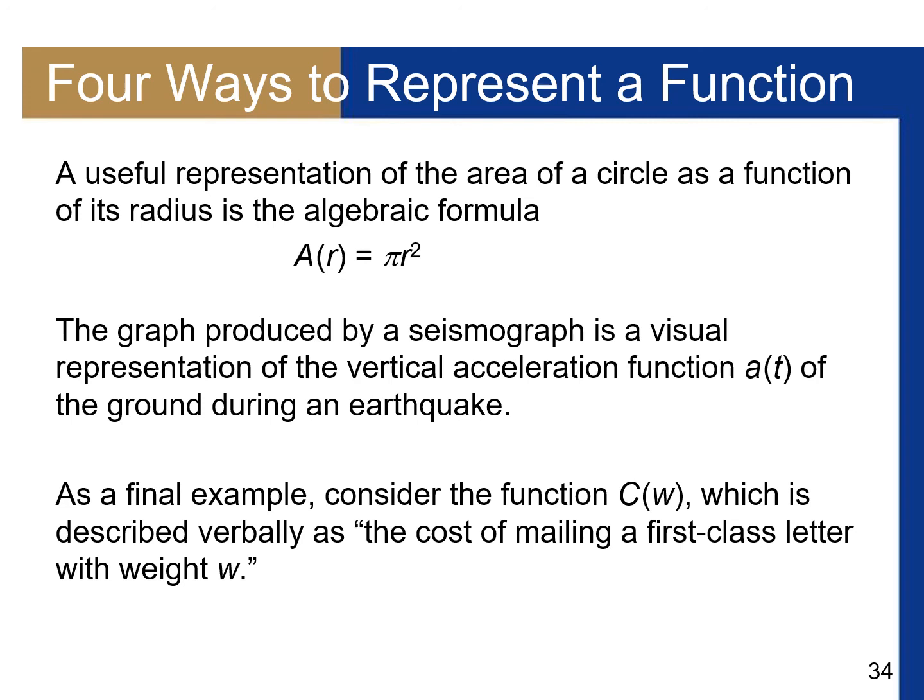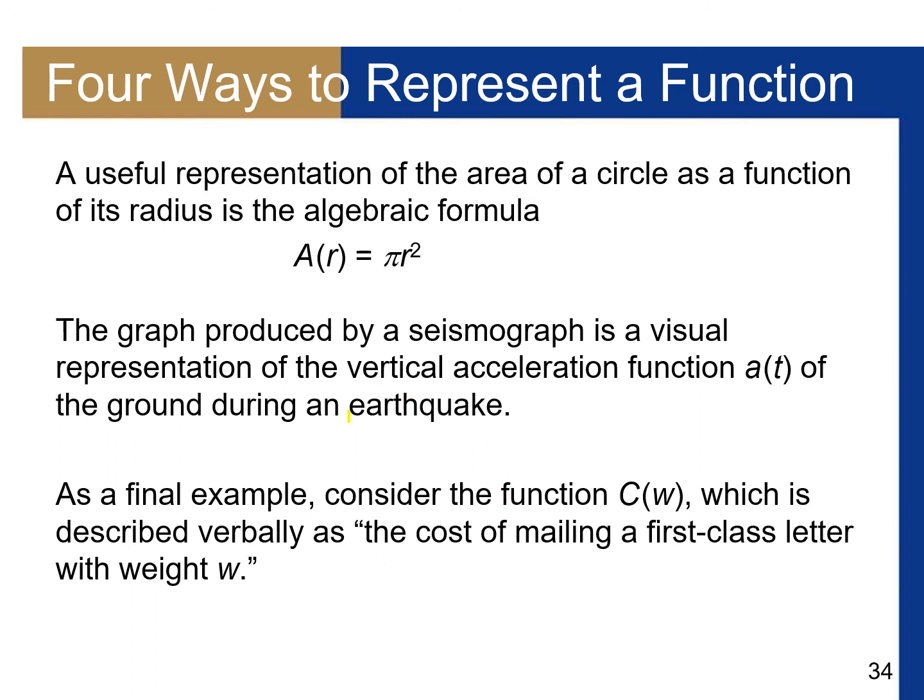If we have the area of a circle as a function, we could say A of r, that's the radius, is equal to pi r squared. The graph produced by a seismograph is a visual representation of the vertical acceleration function of an earthquake.